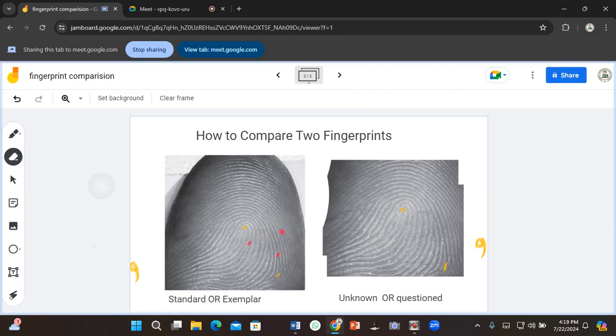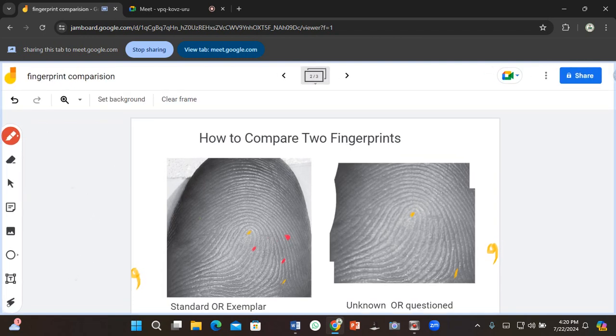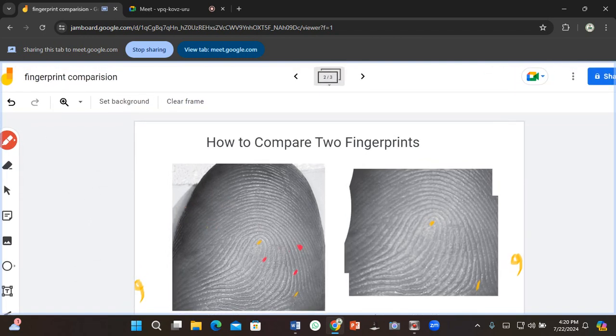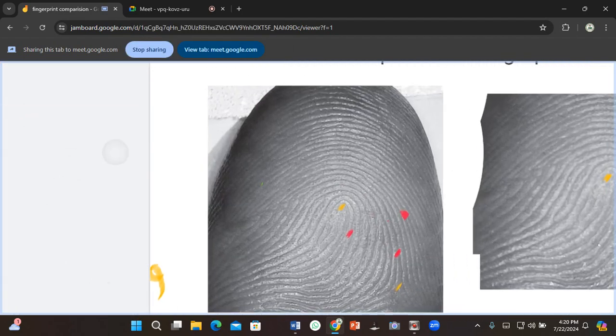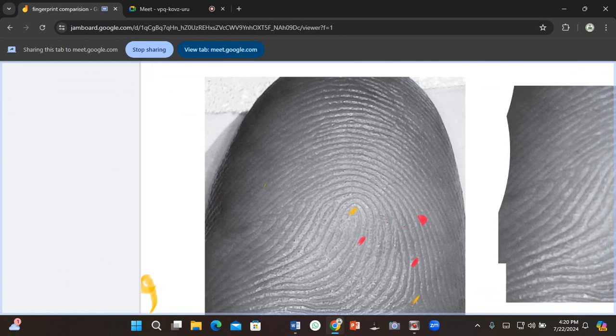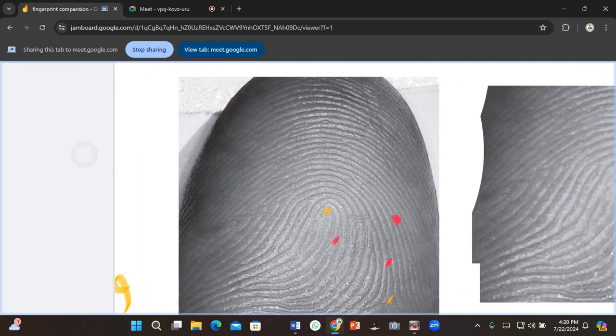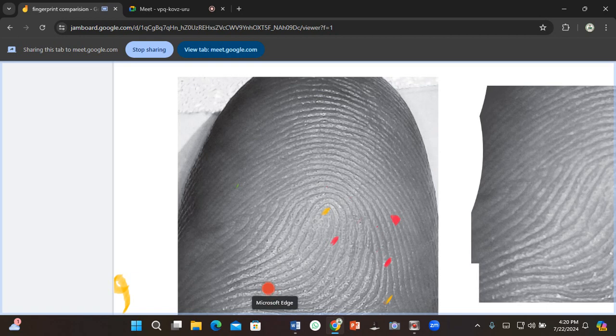We are still looking for bifurcations. Yes, we have another one here. This is a bifurcation here, and this is another bifurcation here.